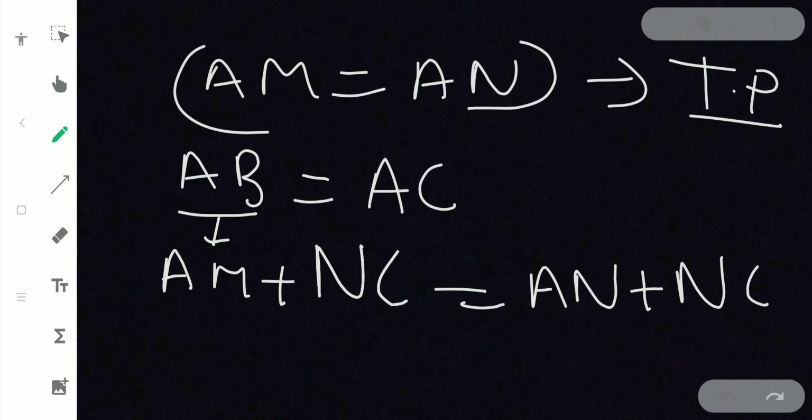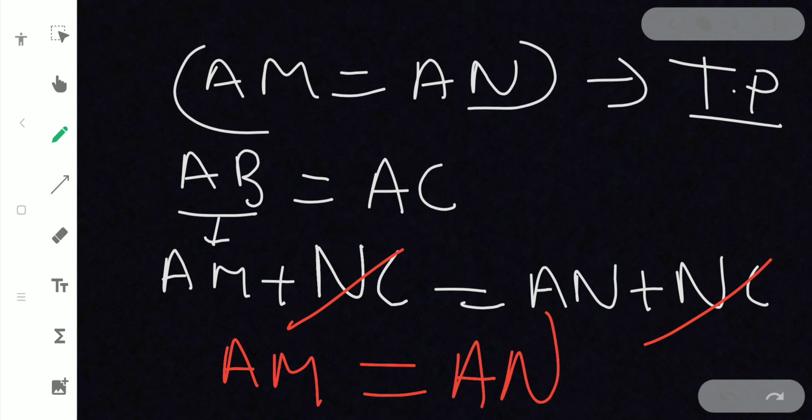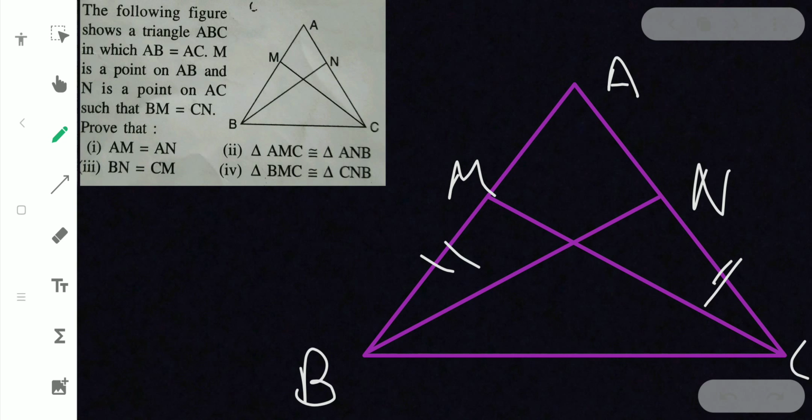Now here I am having NC on both sides, so I can simply cancel it. So I will get AM is equal to AN, and that's what they asked to prove. AM is equal to AN. So the first one is done.